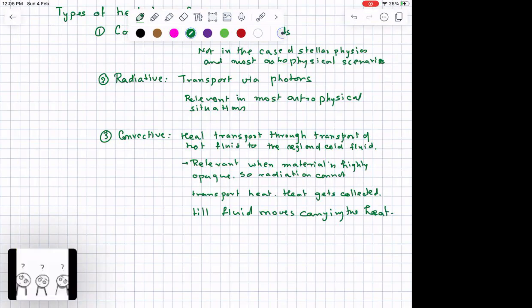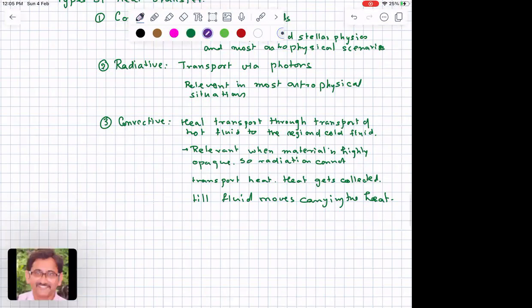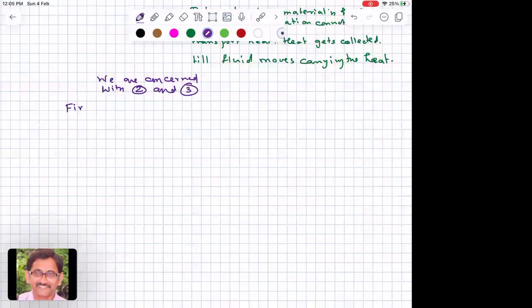Yes. Okay. Now, in our case, we are concerned with 2 and 3 in these lectures. And first, we will see 3, which is convective transport. Okay.